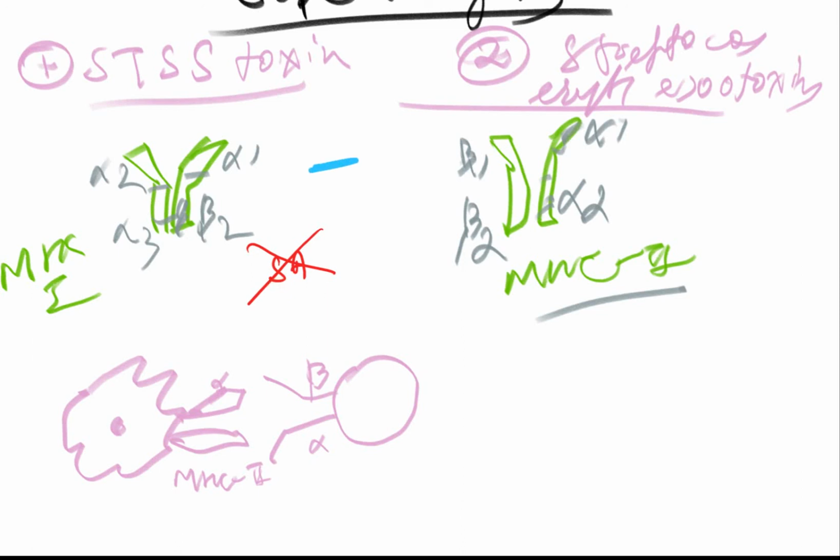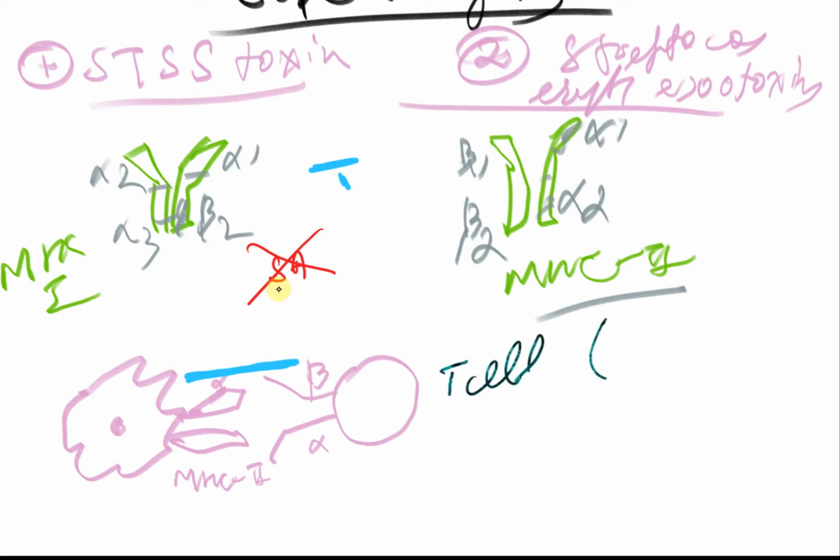So if this is a superantigen, what it actually does is it attaches itself outside the antigen binding cleft. That is, it attaches on the alpha side chain of the MHC2 and on the side of the beta chain of the T cell receptor, causing massive T cell activation.